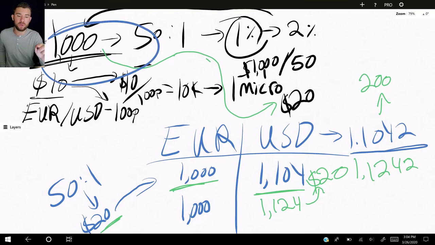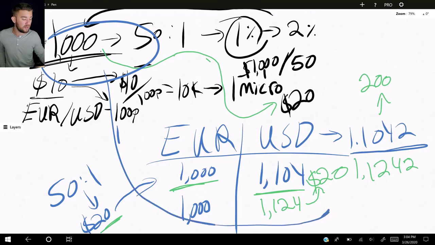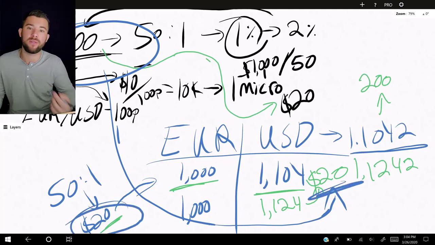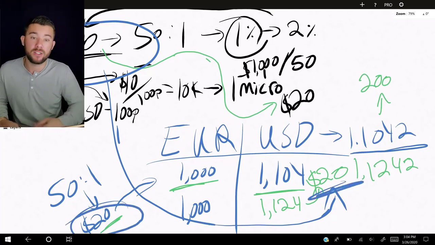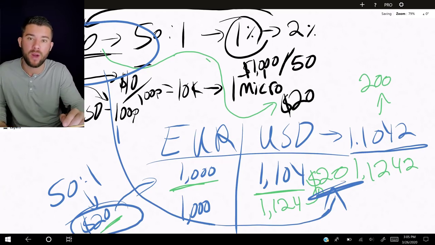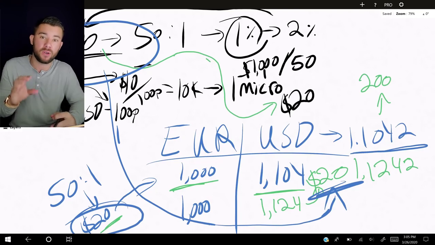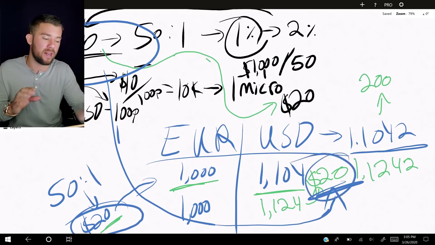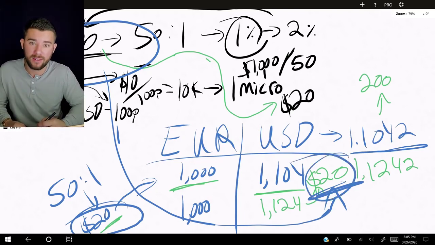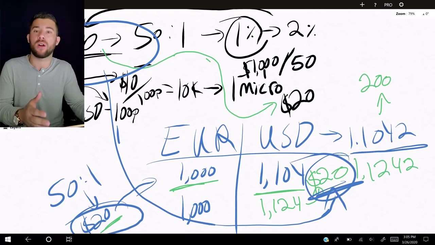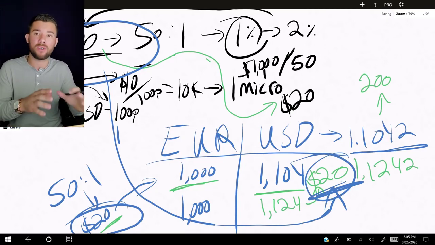But instead of having to spend your entire $1,000 account to make this $20, you have now made $20 on an initial $20 investment because of the power of leverage. So you've made a 100% gain on this specific trade because you only spent $20 of your actual capital in order to make $20 on the other side of that. So that is the power of leverage and the way of using it correctly.